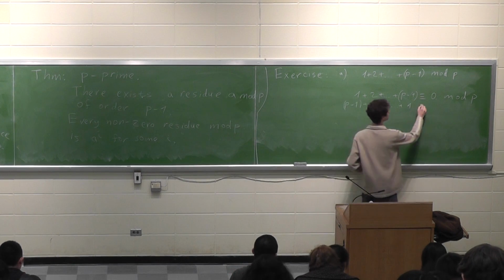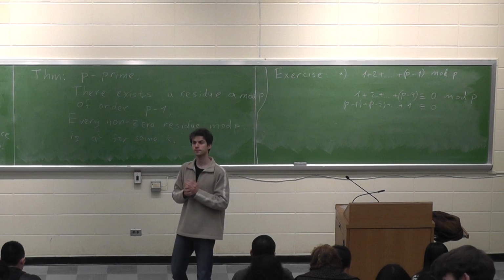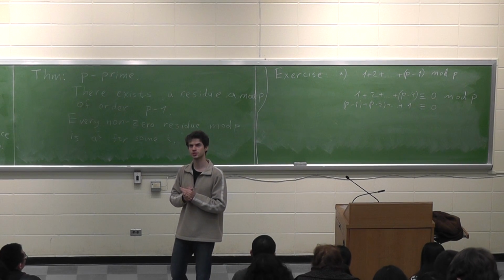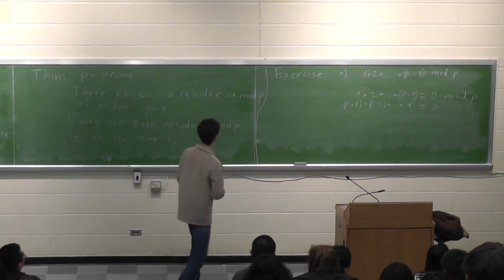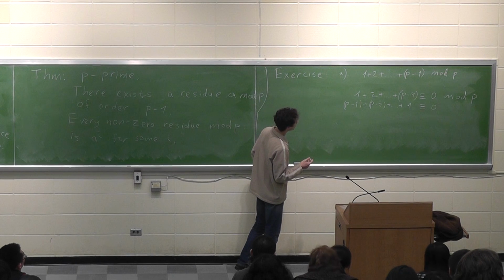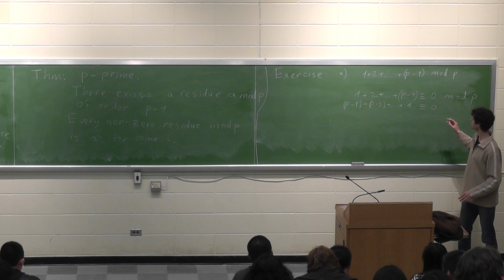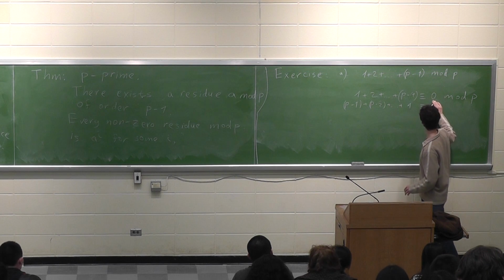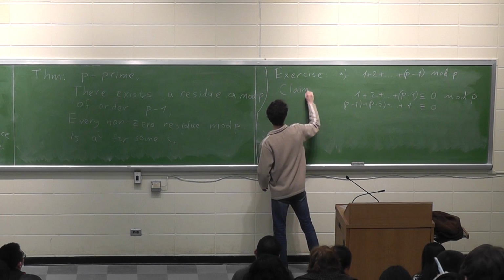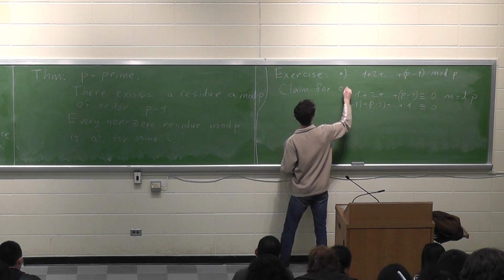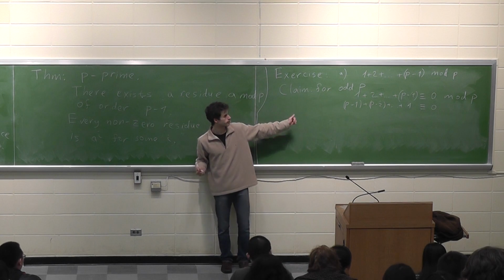Wait a second, I just want to say that this isn't true for all primes. For p equal to 2, the sum is 1, so it fails. You're right, of course, I shouldn't write this. So for all odd p, this sum is equal to 0 modulo p.